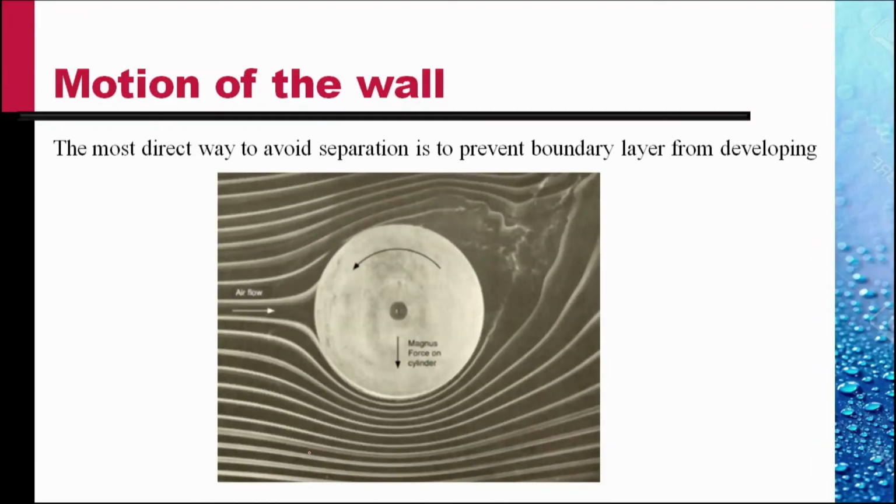This is what is happening in this case. In the lower portion of the sphere or the cylinder, the surface is moving in the same direction as the flow. So relative velocity between the flow and the ball reduces, and this decreases the growth of the boundary layer.